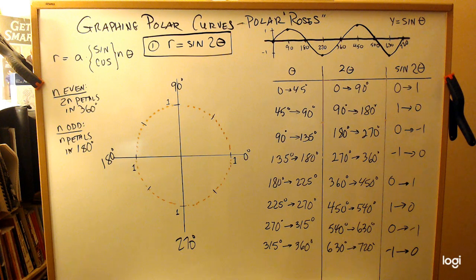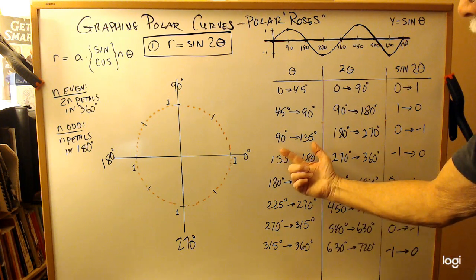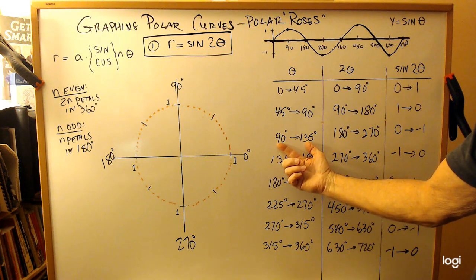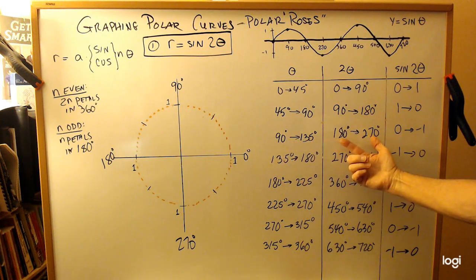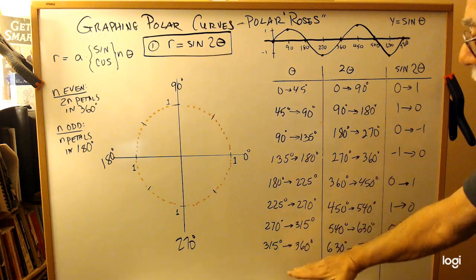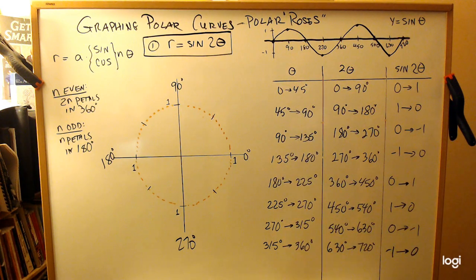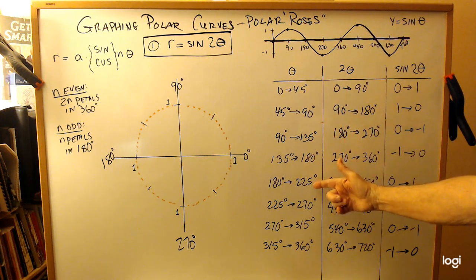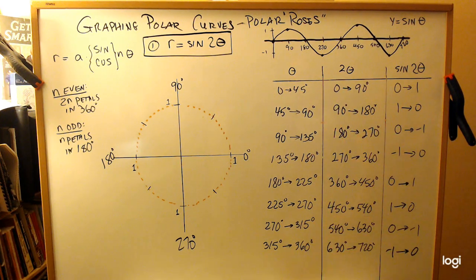Similarly, as theta goes from 90 to 135, and you'll see why I'm picking these numbers shortly, 2 theta goes from 180 to 270, and so forth. So we have exactly 8 situations. And if I double 45, 135, 225, 315, because I'm going up by 45s, these are quadrantal angles.